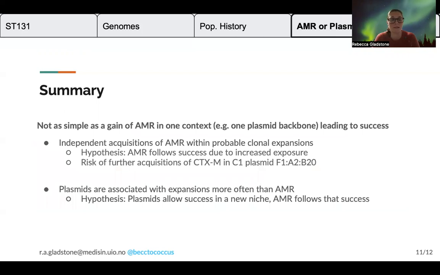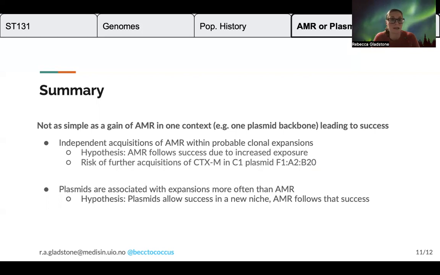So to summarize, it's not as simple as a gain of an AMR gene in one context or mutation, e.g. in one plasmid backbone, that leads to success or the expansion of subclades within ST131. Independent acquisitions of AMR within the probable clonal expansions lead us to put forward the hypothesis that AMR follows success due to increased exposure or a change in exposure.